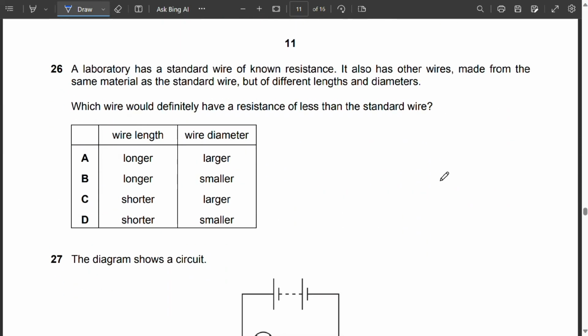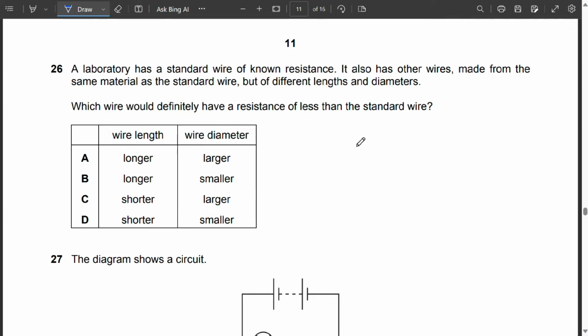Now 26. A laboratory has a standard wire of known resistance. You all know what resistance is. It also has other wires made from the same material as the standard wire, but of different lengths and diameters. Which wire would definitely have a resistance less than the standard wire?